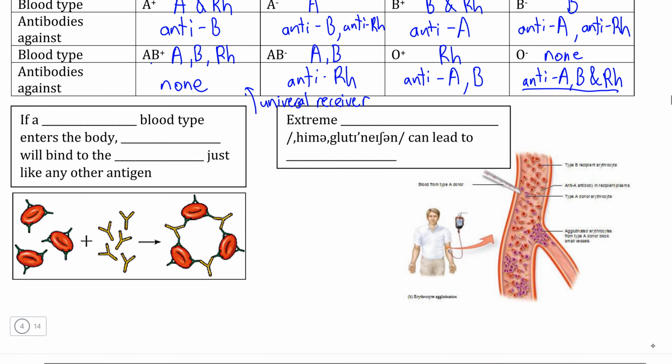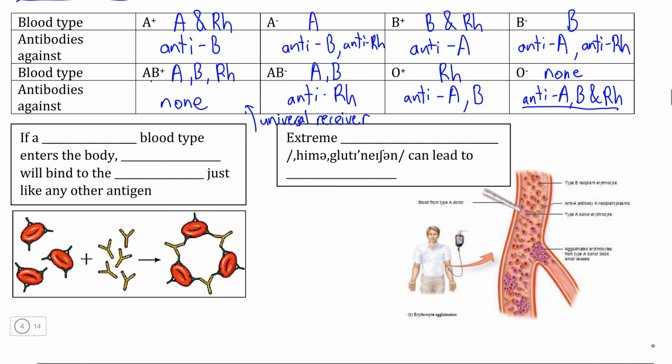Now, when we say attack, we can take a look at what the consequences are of antibodies actually attacking red blood cells that are not found in your body. So if a mismatched blood type, meaning a blood type that is not suited towards your own, or a blood type that can be targeted by antibodies, that's exactly what we would see happen.